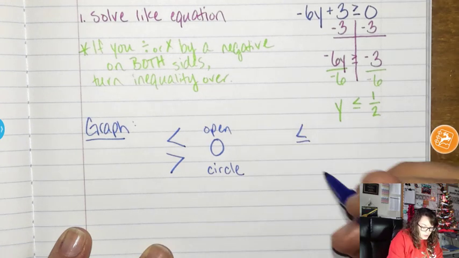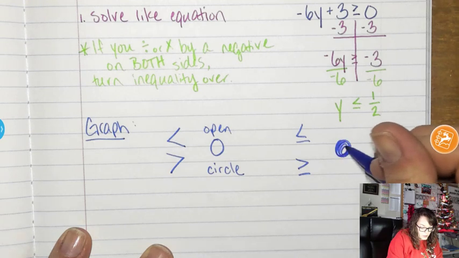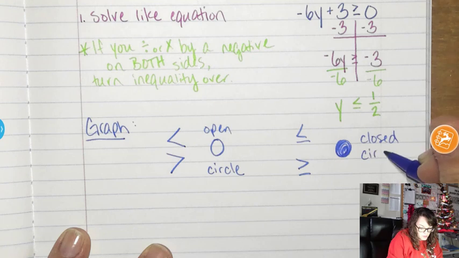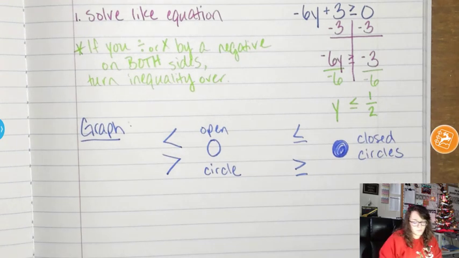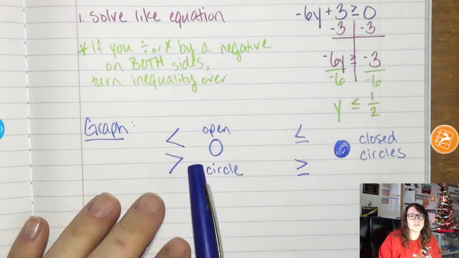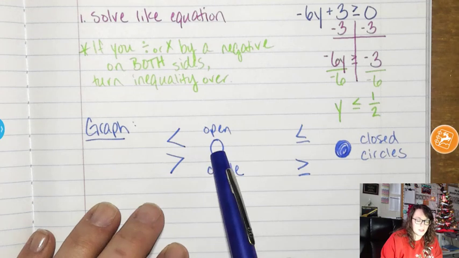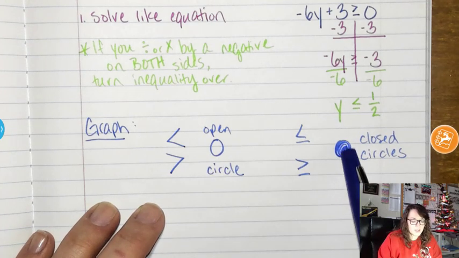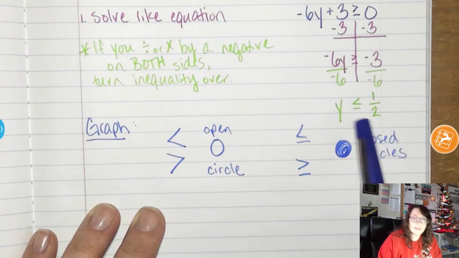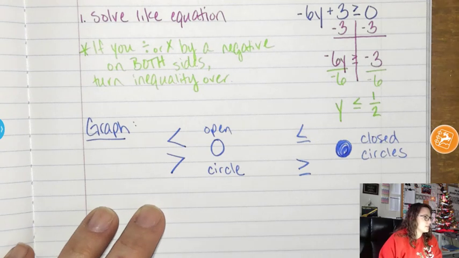Less than or equal to, greater than or equal to, get closed circles. So you've got open circles because you're saying it can be anything less than that number, not that number. If you're shading it in, you're saying it could be that number too. So like this one, it could be 1/2. And it could be anything less than 1/2.